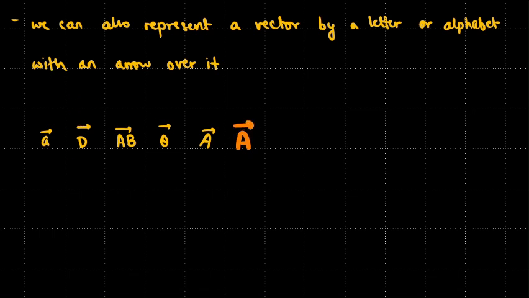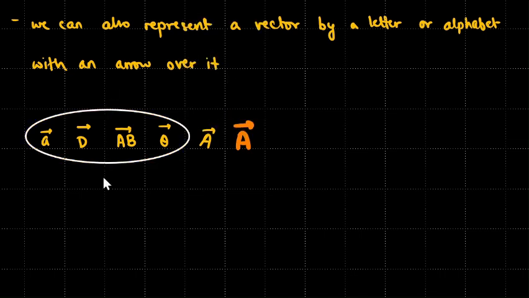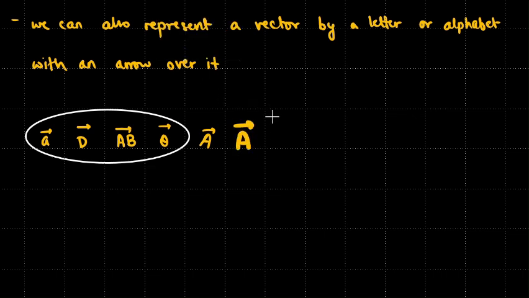I'm generally going to use these 4 in my lectures, since I'm most comfortable with them. So these are my representations for vectors, but it does not mean that the others are wrong. It just means that I don't prefer the other ones.